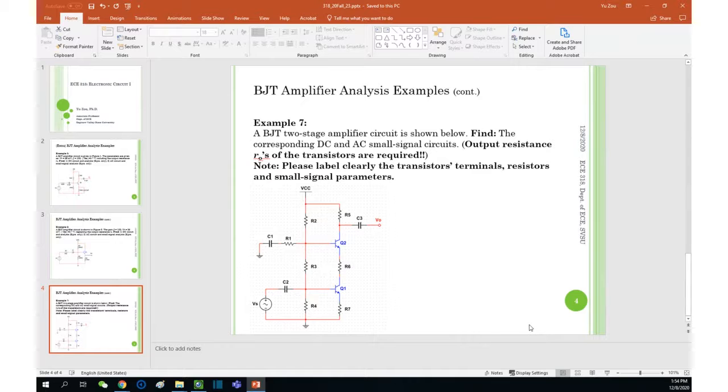You label the base, emitter and collector for Q1 as BCE, which are not the same BCE as for Q2. You need to apply subscripts to differentiate them. Remember that in midterm 2? All right, I'll give you 5 minutes to do this problem. I will present the solution at around 2 o'clock.